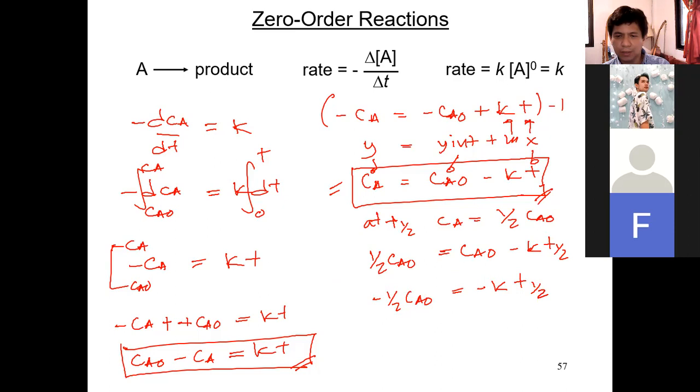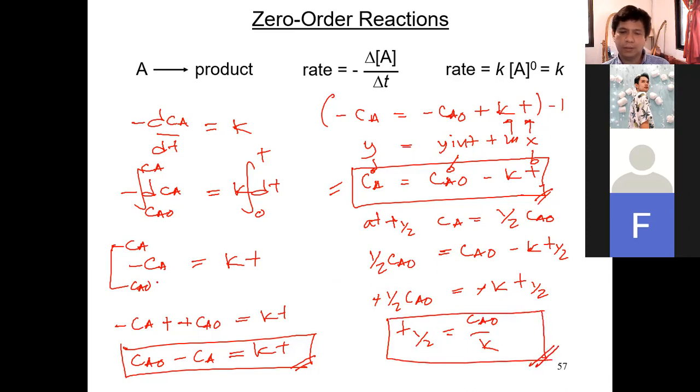So magka-cancel yung negative na yan. So the half-life is CA0 divided by k. So again, dependent pa rin siya sa initial concentration ng A. Ito yung half-life pag zero order, directly proportional siya sa CA0. Unlike sa second order, inversely proportional siya sa initial. Sa first order naman, independent siya sa initial amount.